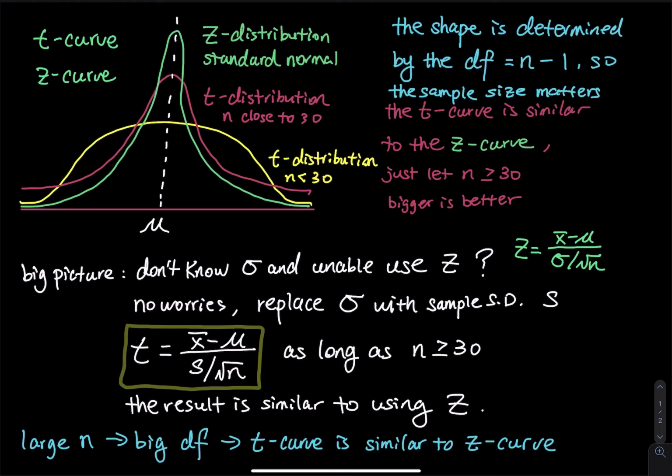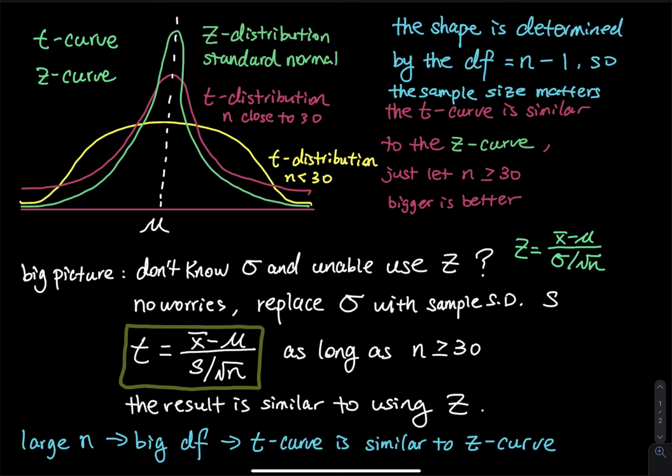The number that is closest to sigma is the sample standard deviation, which is the lowercase s. Then we use another standardization formula, which is t equals x bar minus mu divided by s over square root of n. That is another standardization formula that we use in the t-distribution, or you can call it a t-procedure.